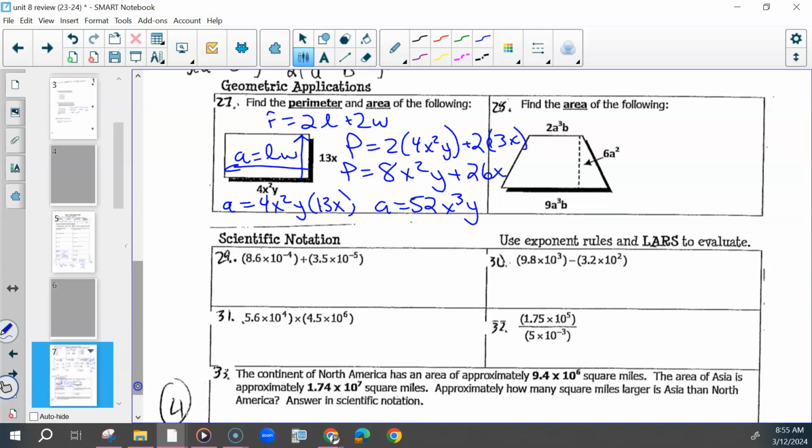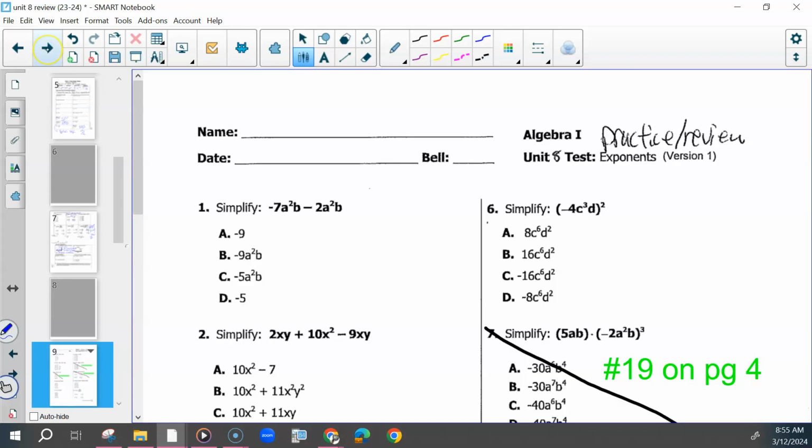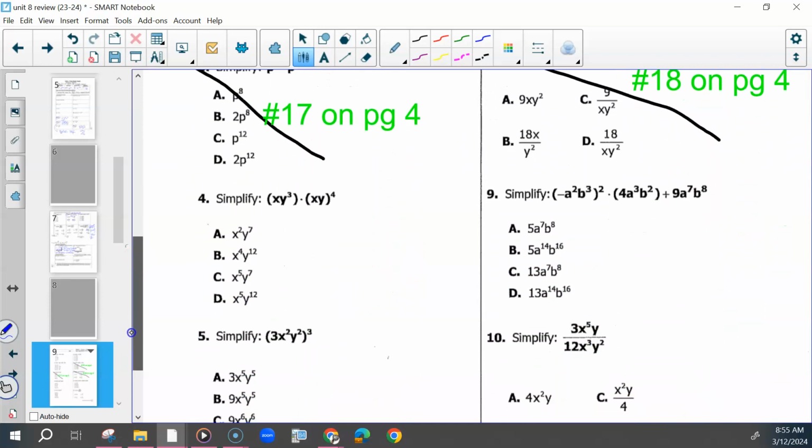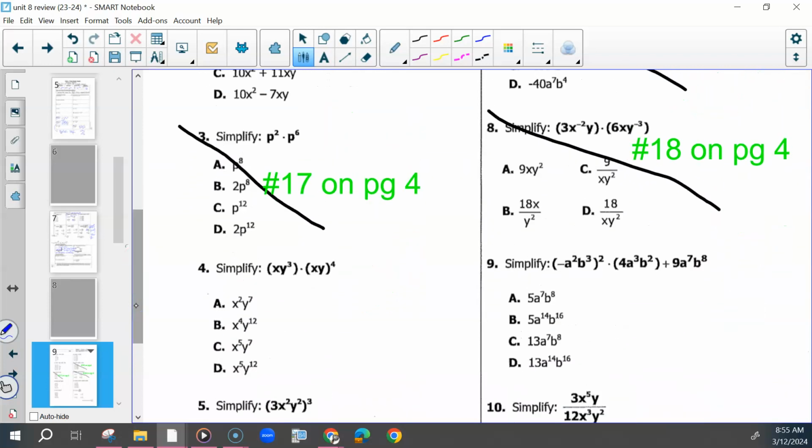Alright, on to page 5. Most of these are similar to what we've seen. There are some repeats in there. Any of those?